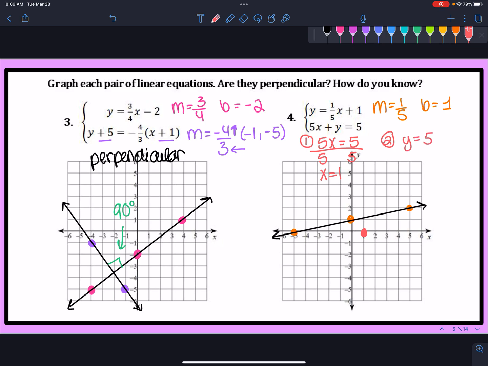And again, I'm going to put a point on 5 here. And if I connect these, I get this line. And again, this looks like a 90-degree angle. So I'm going to say that these are perpendicular.